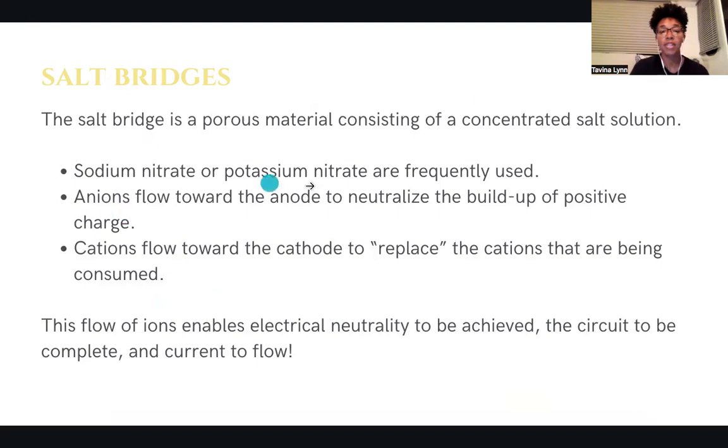The anions are going to flow toward the anode to neutralize the buildup of those positive charge ions, and the cations are going to flow toward the cathode to make up for that deficiency or loss of cations that are being consumed. So the salt bridge enables electrical neutrality to be achieved so the circuit can be complete and we have a continuous current flow.